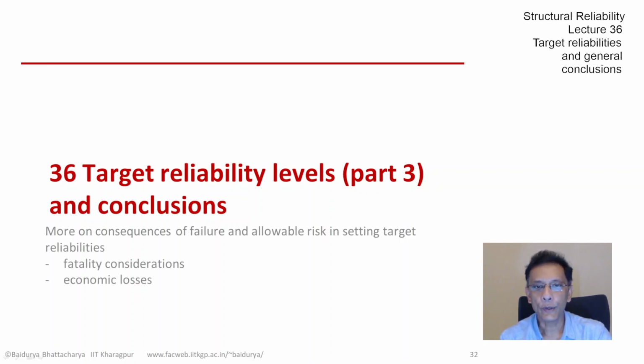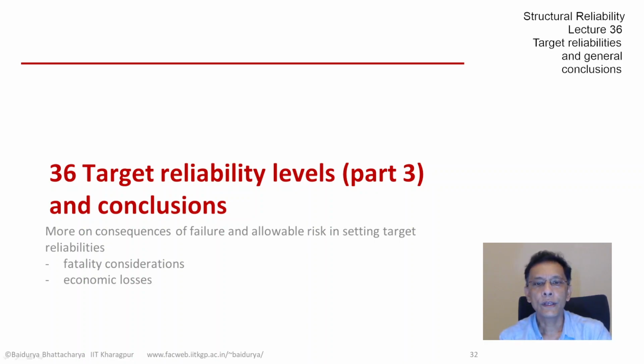In this final week, we have been discussing how to set target reliabilities so that we can decide whether the failure probability we compute is acceptable, or at what reliability we should peg the factors of safety when we develop a design equation.